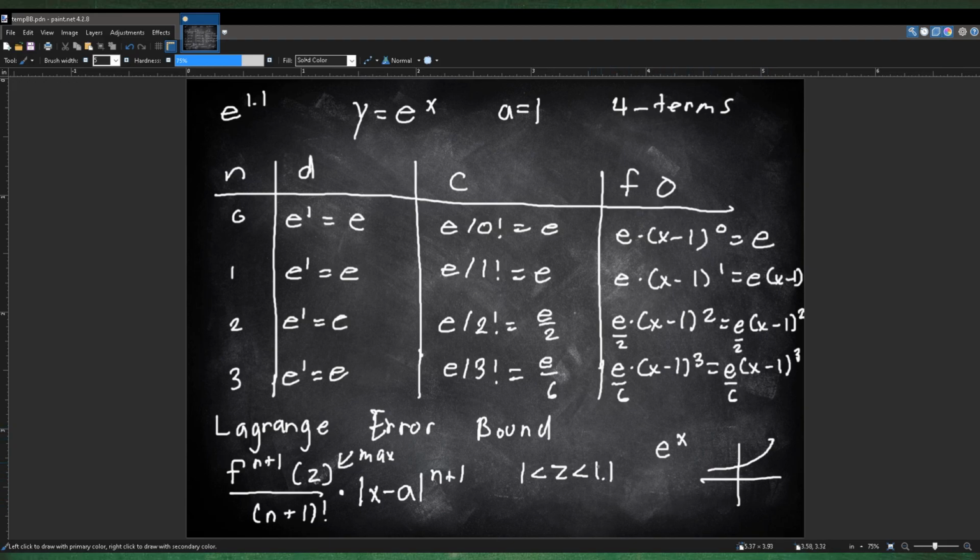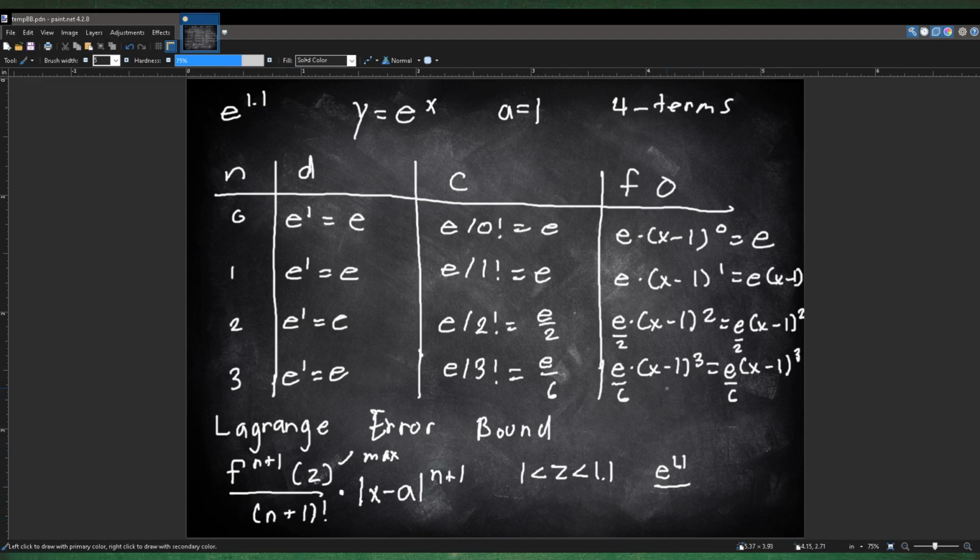So the maximum at this interval is just e to the 1.1. So all we have to do is plug that in. So f of n plus 1 of that z is just e to the 1.1. It seems overly complicated to understand, but this is basically what it simplifies down to. It just finds the maximum number in that interval of that equation.